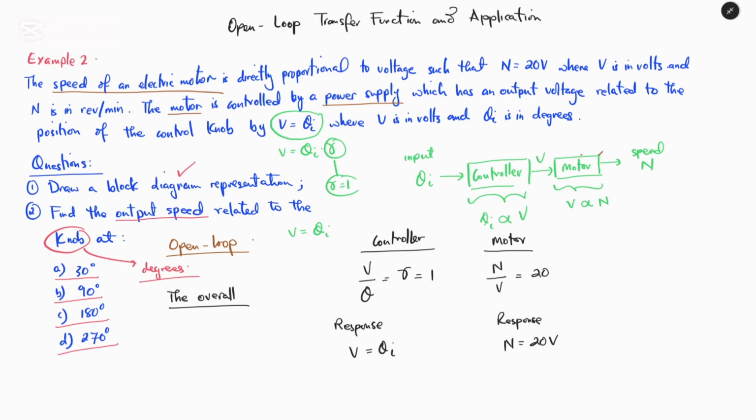The overall gain is such that N over theta I, which is G, the overall gain, because these subsystems are connected in a feed forward.